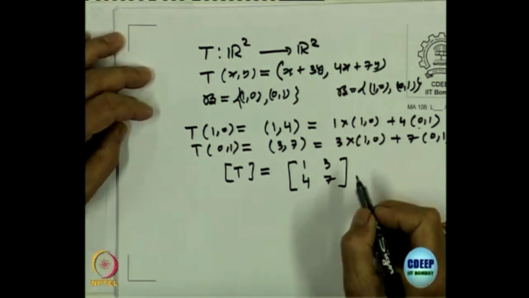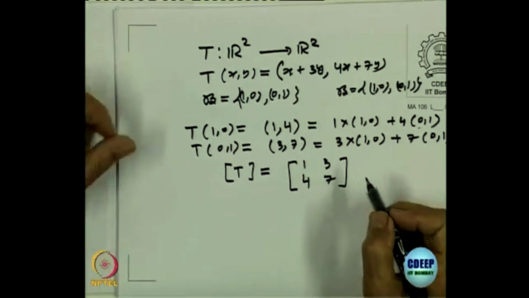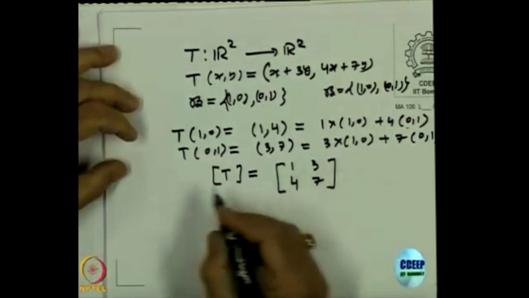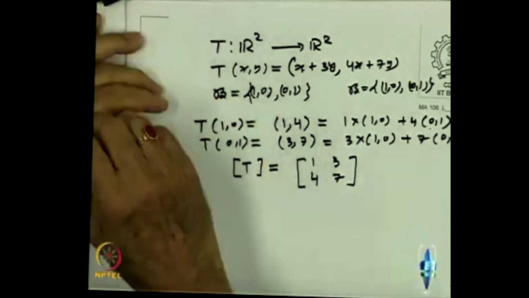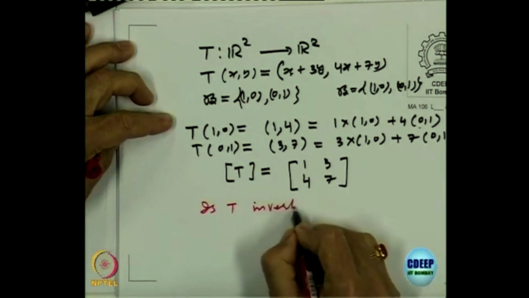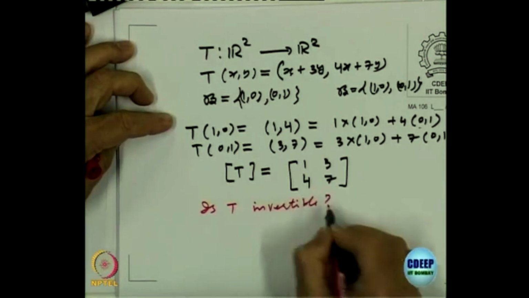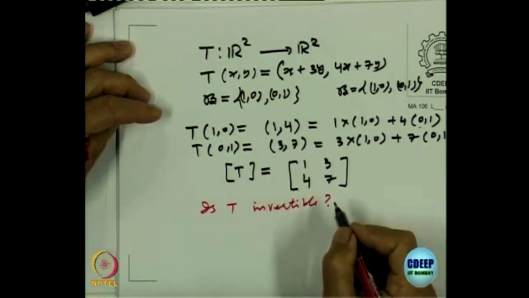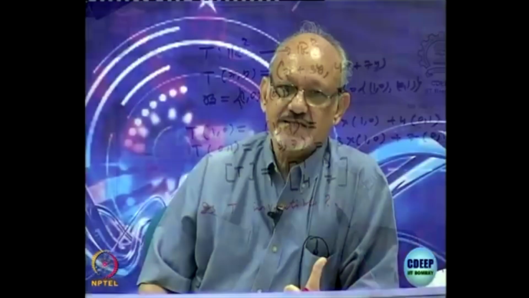So now I want to check whether T is invertible or not. So the question is, is T invertible? How do I check? Either I can check that the kernel of T is just 0, or the range, the column space, has dimension 2, or the determinant, which is going to be very useful.